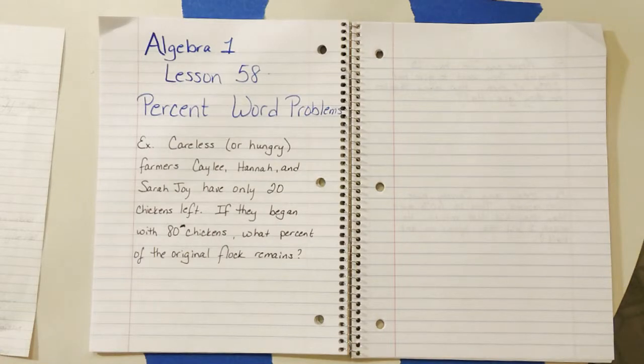Careless or hungry farmers, Kaylee, Hannah, and Sarah Joy, have only 20 chickens left. If they began with 80 chickens, what percent of the original flock remains?